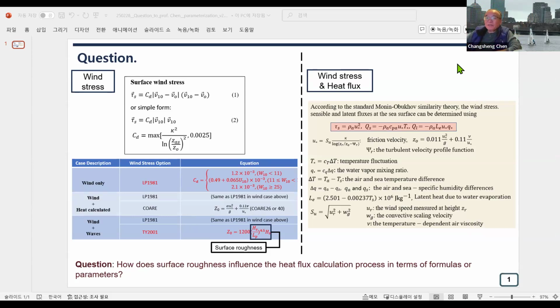You see here the 10-meter wind. That's two different things, separately. One is actually forcing. All the change over here is the surface roughness, but when we consider the heat budget, that's different.